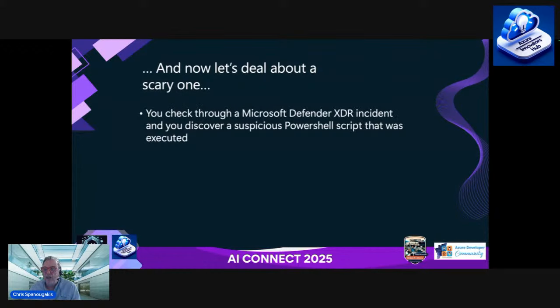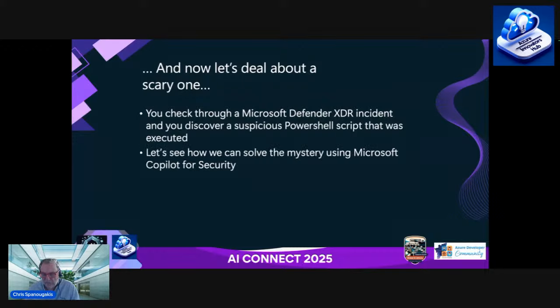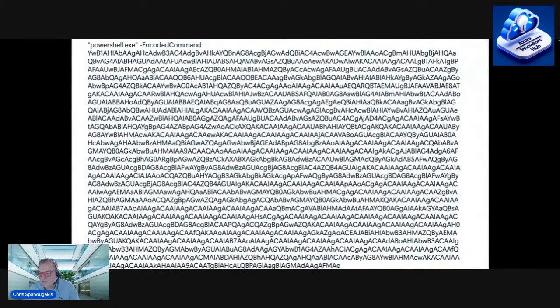So you check through the Microsoft Defender XDR incident and you discover a suspicious PowerShell script that was executed. And you now need to solve the mystery using Microsoft Copilot for Security. As soon as you log in to Microsoft Defender XDR, you check that specific incident and you find that there is a PowerShell script, actually this one.